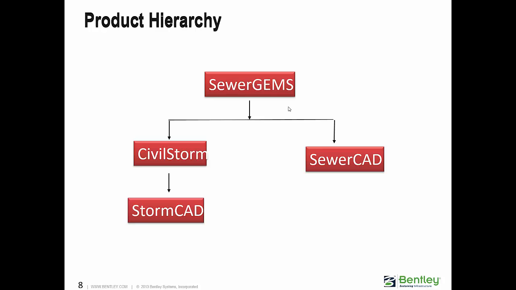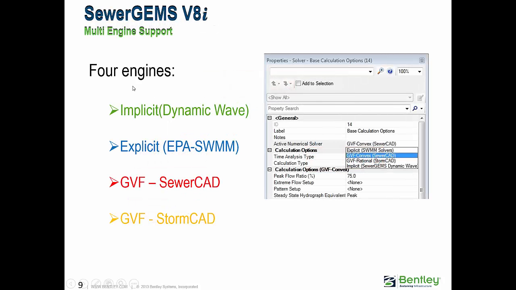So this is the product hierarchy. SewerGEMS is a superset of StormCAD, CivilStorm and SewerCAD. So basically it's a combination of four different softwares. It's a combination of four different engines: the implicit dynamic wave engine, the explicit EPA SWMM engine, the GVF convex engine, which is the engine for SewerCAD, and the GVF rational engine, which is the engine for StormCAD.